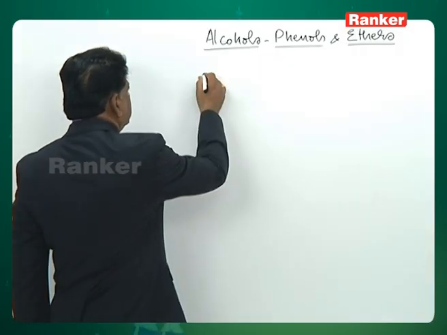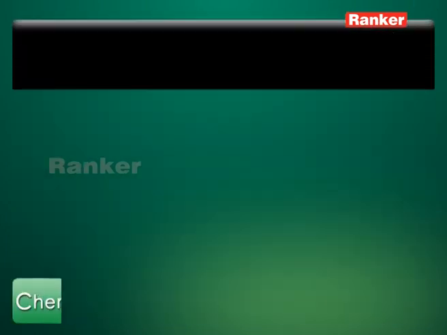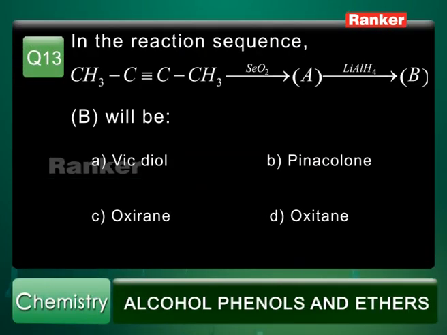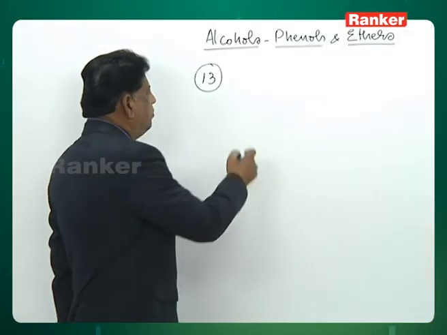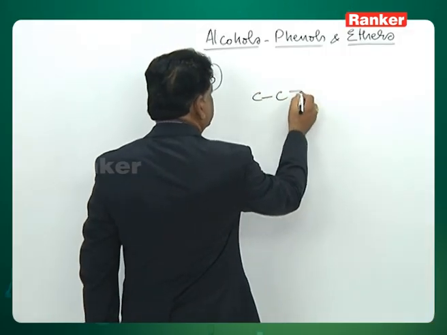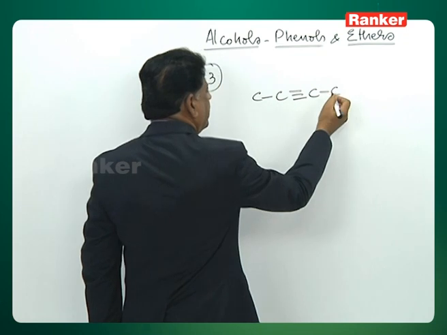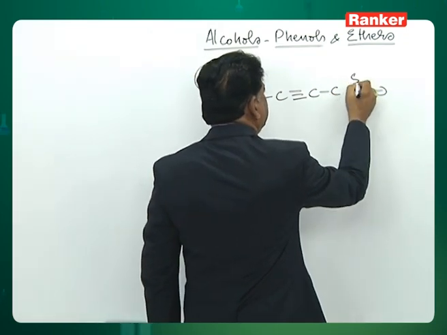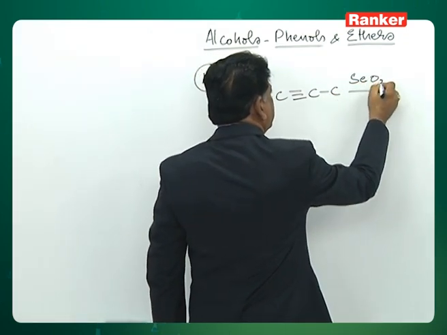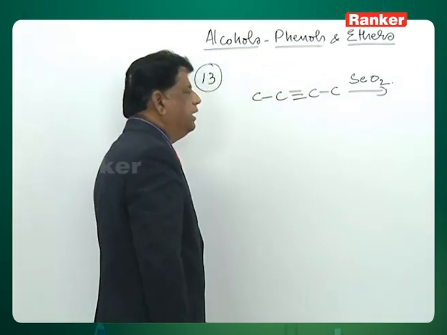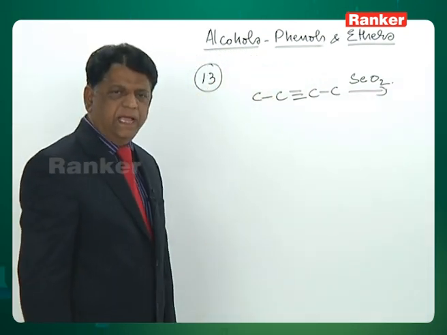Question number 13. In the reaction sequence, the butyne is treated with selenium dioxide followed by lithium aluminum hydride. So, the compound is a butyne, and the reagent is selenium dioxide. Selenium dioxide has 2-3 specific types of reactions.